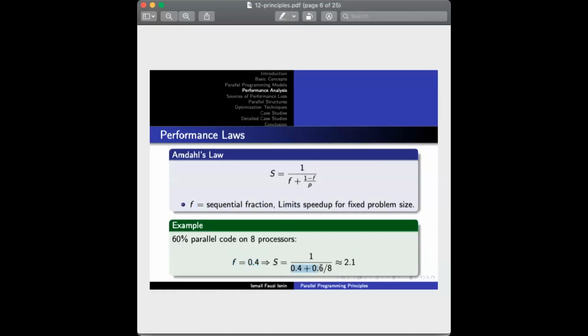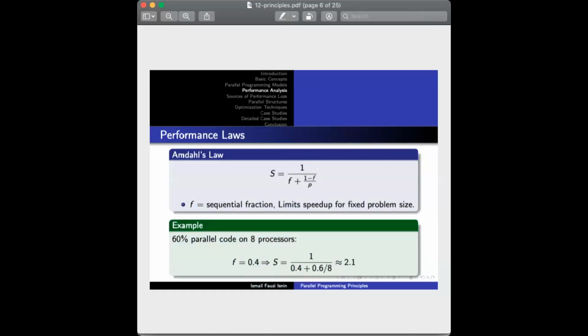This evaluates to roughly 2.1, even though we deploy 8 processors.